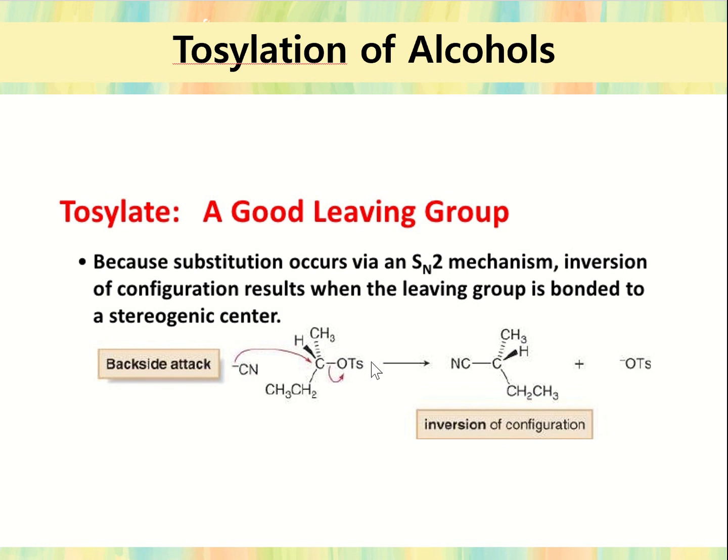So the tosylate here is an excellent leaving group. So if you want to get rid of an alcohol, you can tosylate it and then react it with the nucleophile that you want to replace it with, and note that it will happen with inversion of configuration.